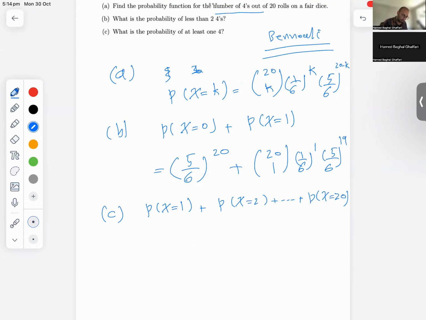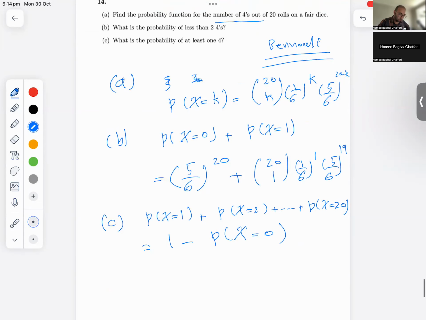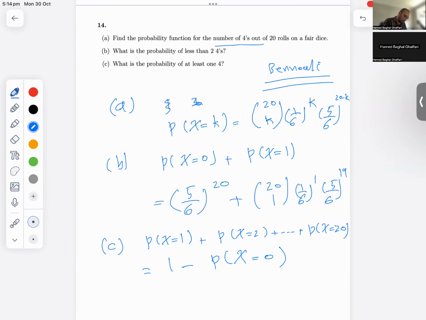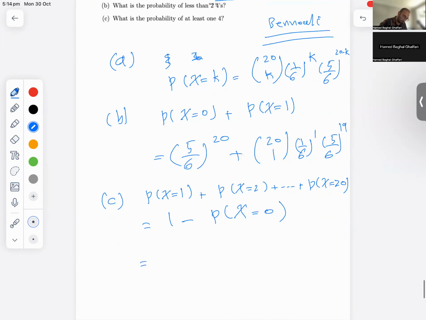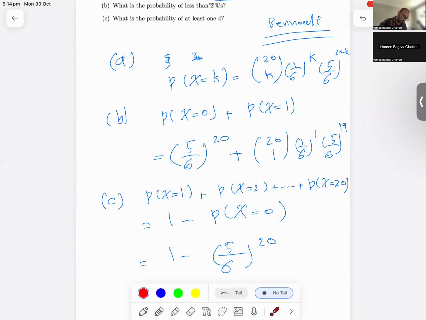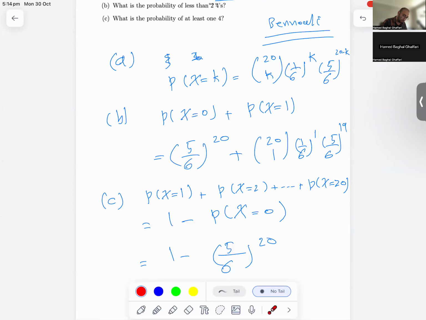But this is a little bit hard to do, so we can do 1 minus the probability of X equals 0. With this trick, you can obtain the answer: 1 minus 5/6 to the power 20. And it's good that we have obtained this one already. All right, so move on.